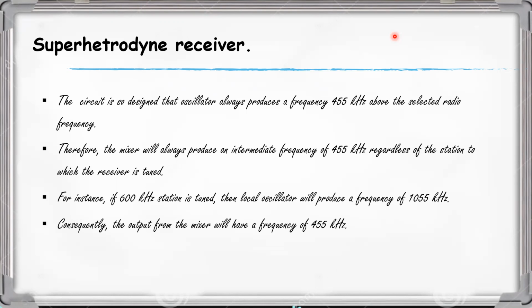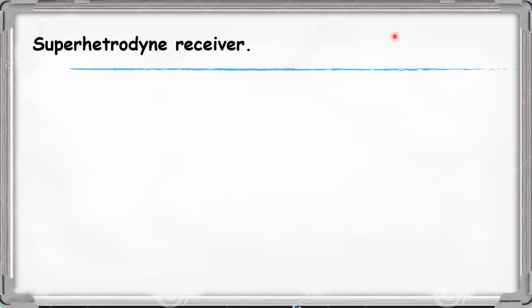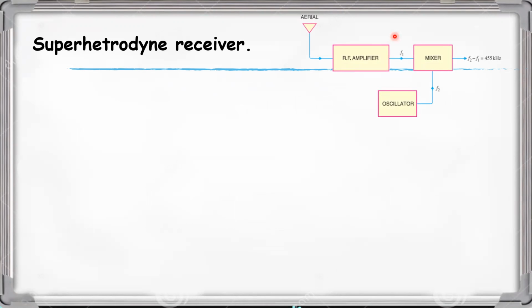And to achieve such a process, we connect all the capacitors used in the local oscillator and mixer, and the receiver tuning is ganged to a single one, and that ganged capacitor is varied.